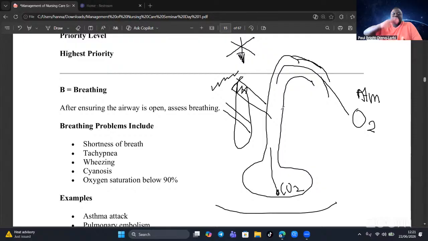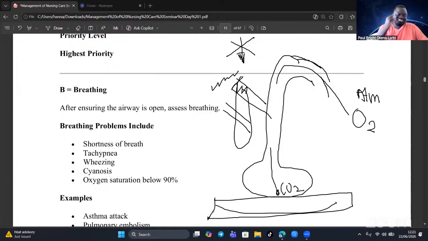When the muscles in between these bones, the intercostal muscles, tear, there will be pain, and breathing is in trouble. When the diaphragm is hijacked so that it cannot work, breathing will be in trouble.